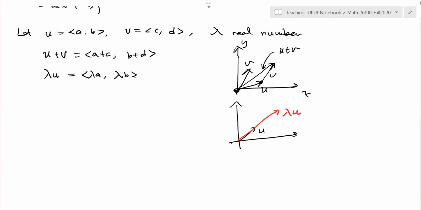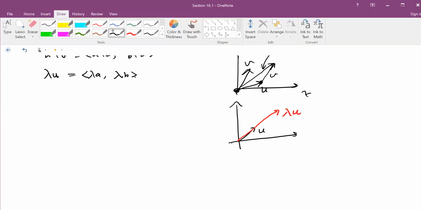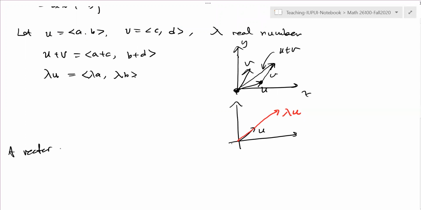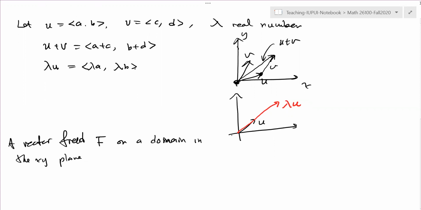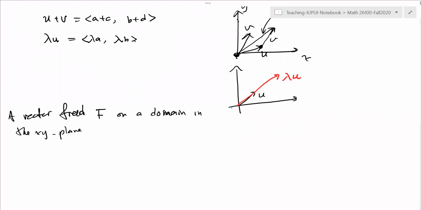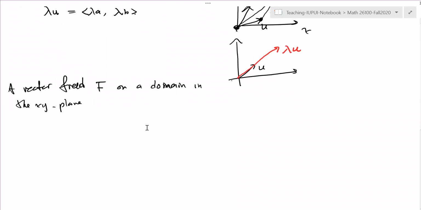All right, a vector field. A vector field F on a domain in the XY plane. How to describe it? It's actually a family of vectors.